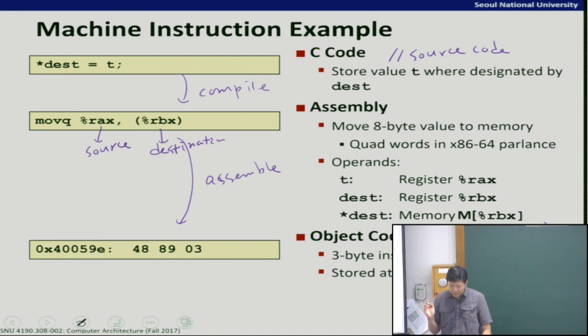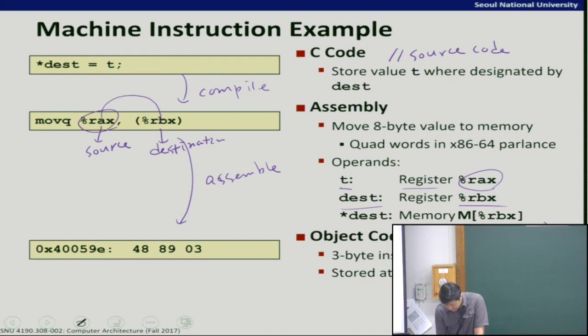Here, the value of t is stored in register RAX, and you copy this value into the memory location pointed to by RBX. So here are two operands. The value of t is assumed to be stored in the RAX register, and the value of dest, the pointer, is stored in the RBX register.